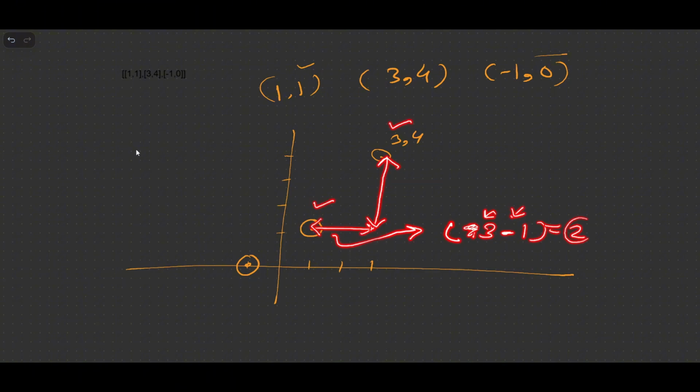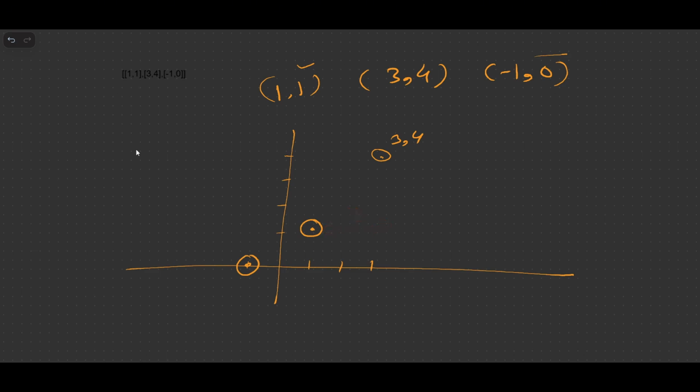That is 2, so we need to move 2 units this way. How much do we need to move here? We need to move 4 minus 1, the y coordinate difference, 3 units. So we need to move 3 units this way, 2 units this way.